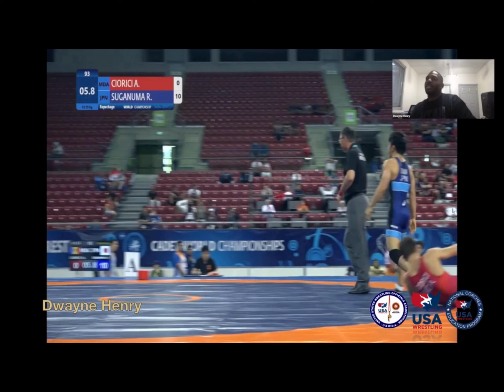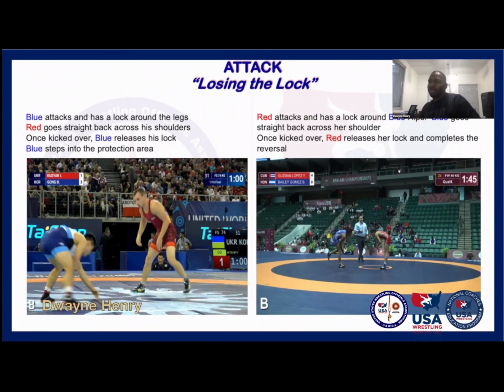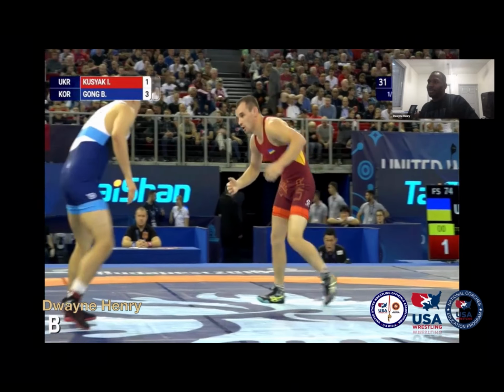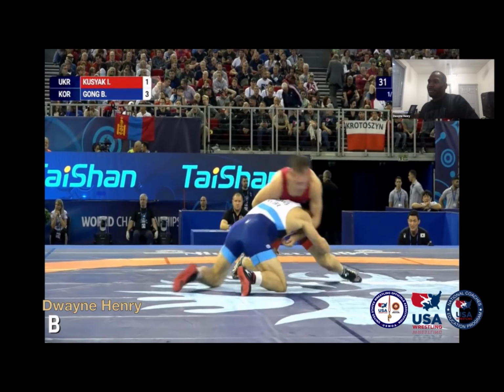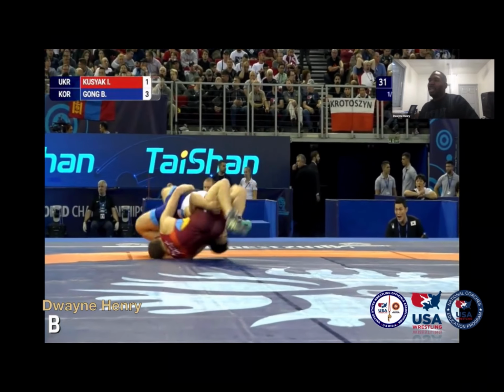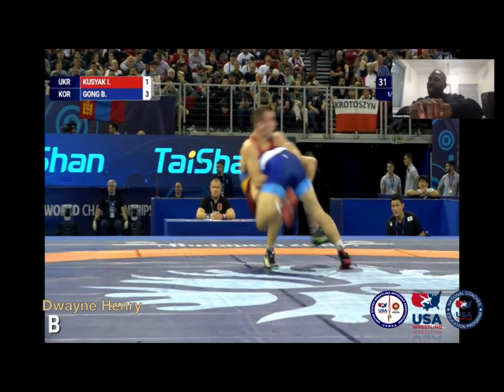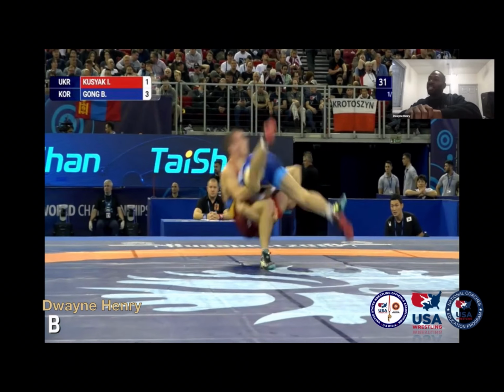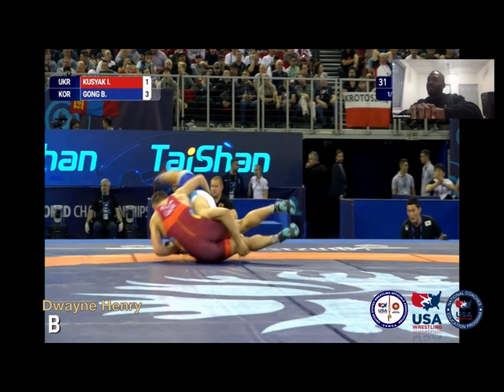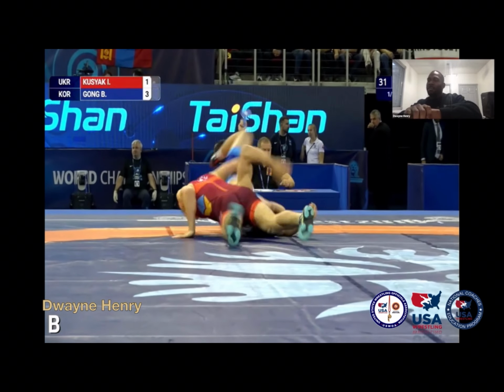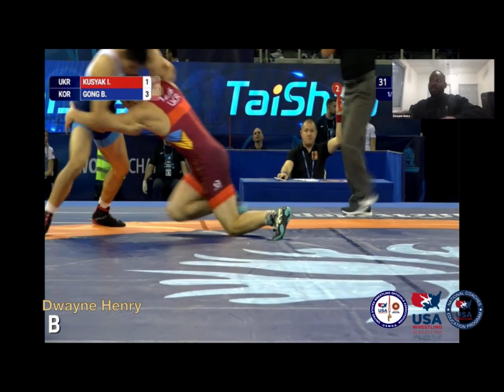Okay, losing your lock situations. In this scenario, you see he ends up getting his double leg, running through and finishing his action. But before he can finish back, belly down and finish behind or whatever, he ends up getting flipped through, right?